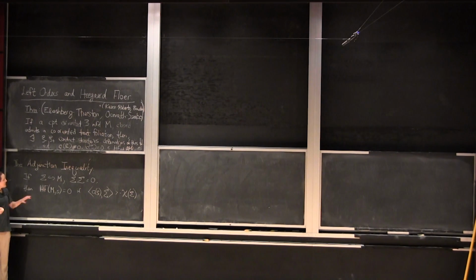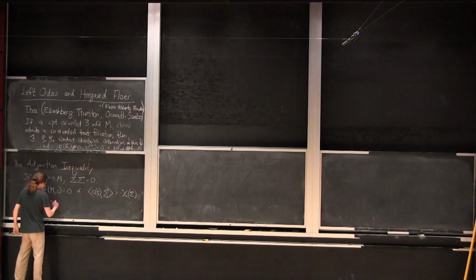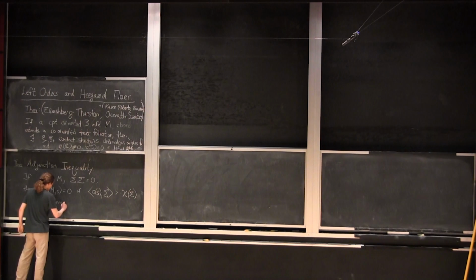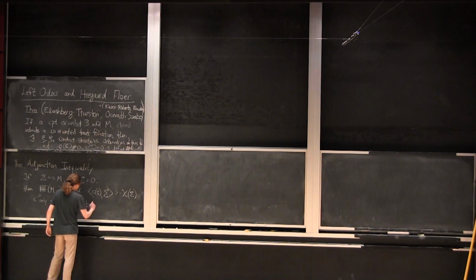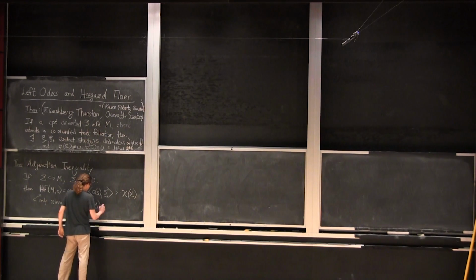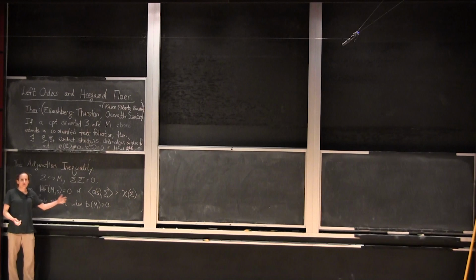Now, so this is only relevant when... if we have rational homology spheres, the Thurston norm ball is trivial, and so this doesn't really tell us much.